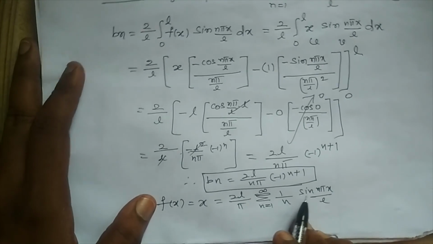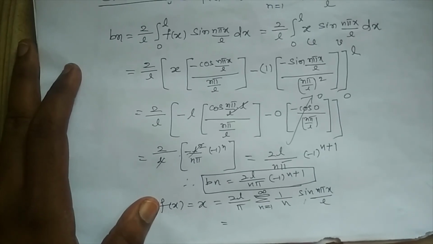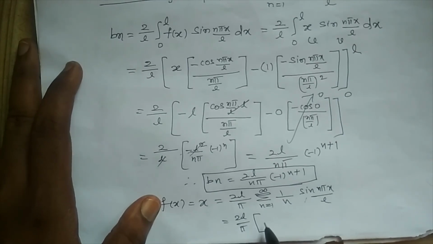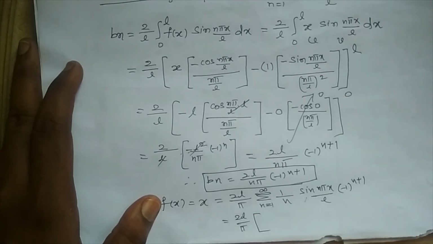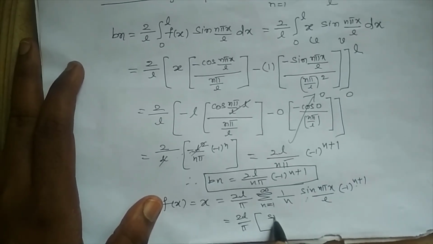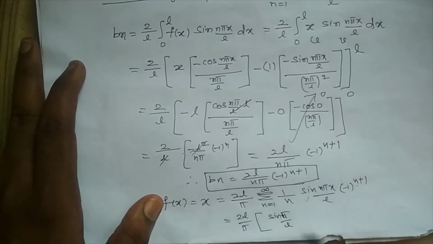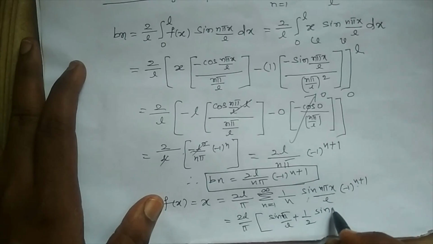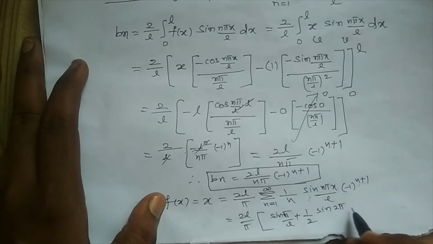Sometimes it will be simplified like this. The simplified answer is 2L by pi, for n is equal to 1, minus 1 whole to the power of n plus 1, so n is equal to 1 means sin pi x by L, plus 1 by 2, n is equal to 2, sin 2 pi x by L. For n is equal to 2, what happened?